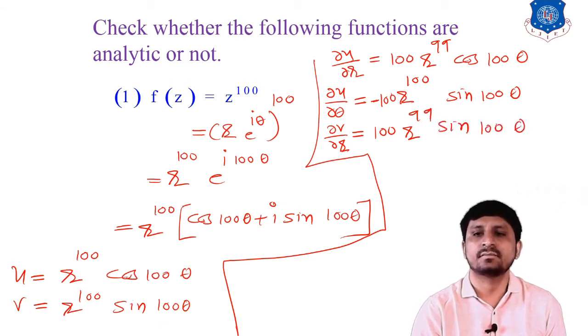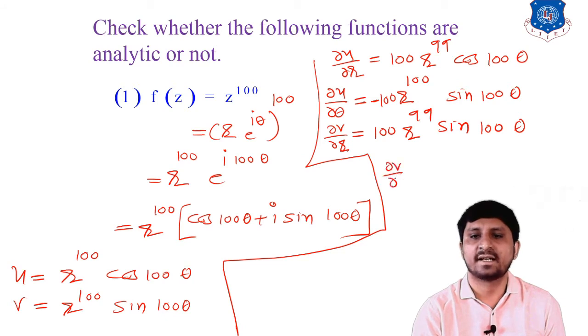And del v by del theta is equal to r raised to 100 as it is, differentiation of sin 100 theta, that is cos 100 theta, into 100.